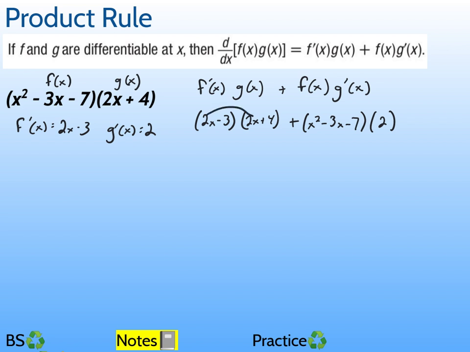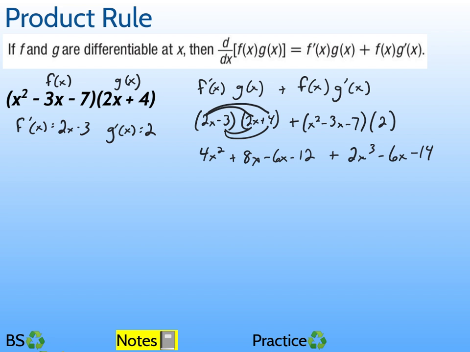So we'll have 2x gets 4x squared plus 4 is plus 8x minus 6x minus 12. And then plus we distribute the 2 on this one. We have 2x squared minus 6x minus 14.